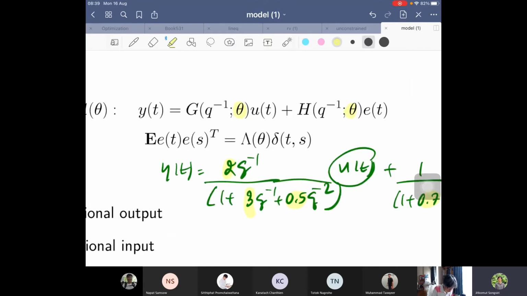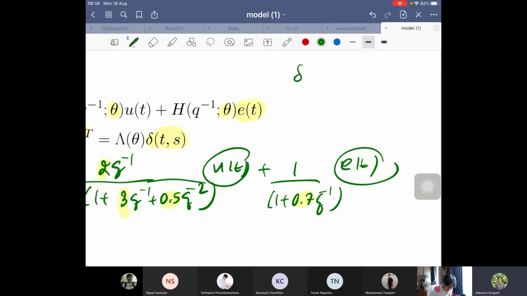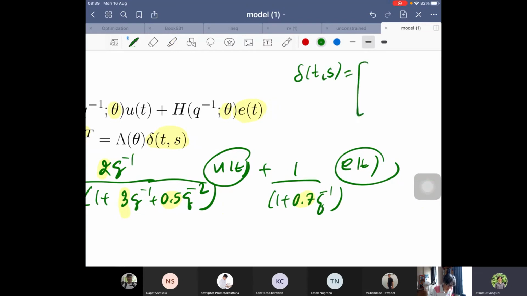And last, I would like to mention that when you represent the noise here, this is the second moment of the noise. We call it covariance. Because the noise is white noise, this notation means a delta function in t and s. The delta function returns 1 if t equals s and returns 0 otherwise.